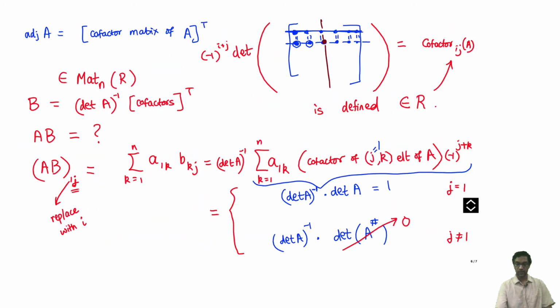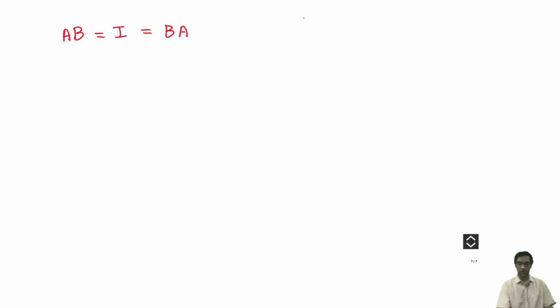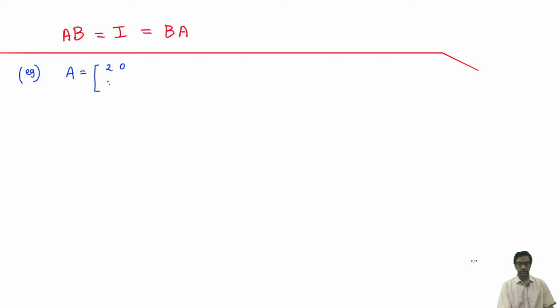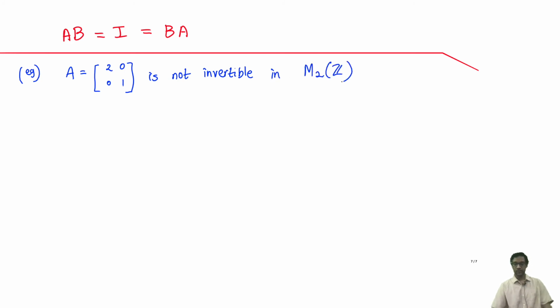Okay, so here's our little corollary. Observe this example that I gave in the beginning, which is the matrix 2 0 0 1, is not invertible in the ring of matrices with entries in Z. Okay, it's invertible if you think of the ring R as being the rational numbers or Q and so on.